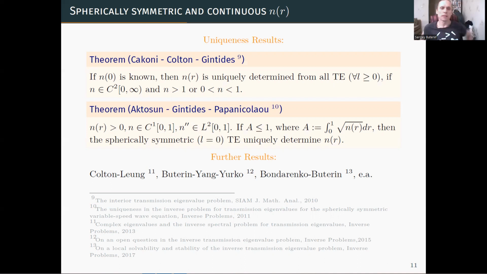I mean, if you want to recover the function n, then first you recover its second derivative, because this corresponds to the potential in the canonical Sturm-Liouville equation.